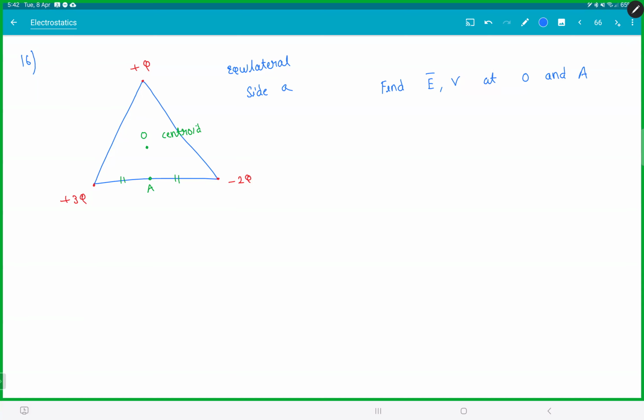You can just get the magnitudes. One more minute.